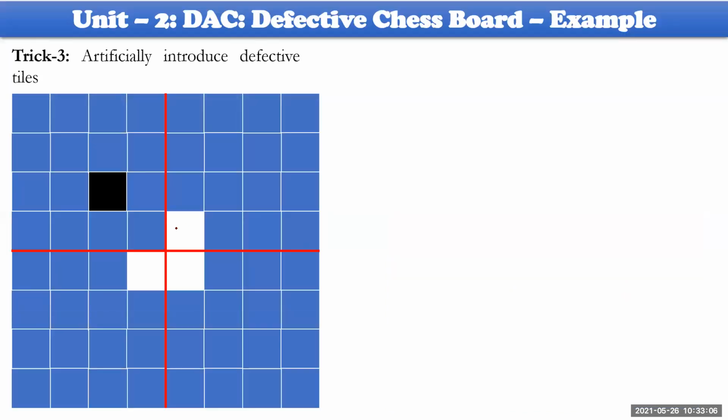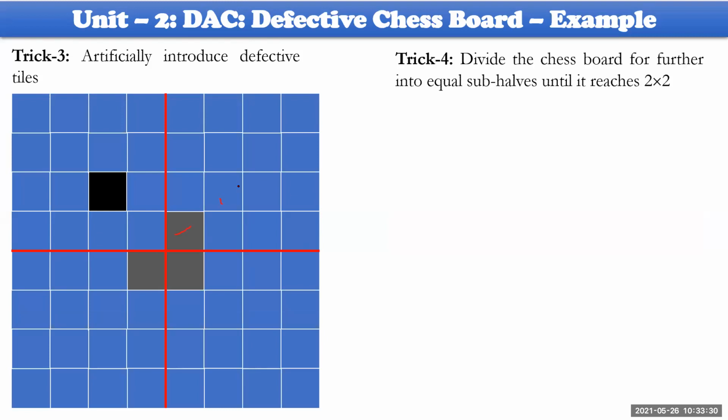Look at this, how it can be done here. You also have to take care that after completion of this problem, the artificially introduced tiles must be framed as a triomino. You must always remember that. So this is an artificial defective tile for this part, this is an artificial defective tile for this part, and this is an artificial defective tile for this part.